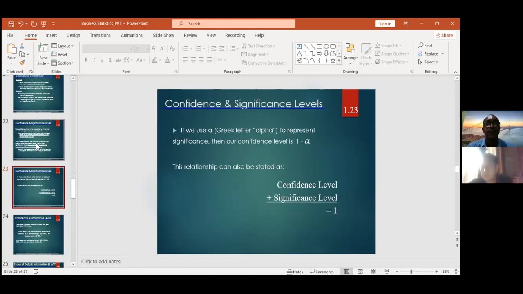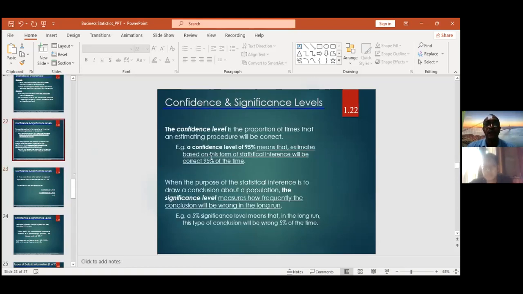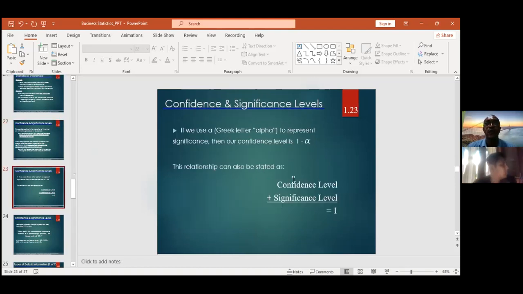Now, if you look at this, if you do some addition, 95% plus 5% equals 100%. So which means that if we know our significance level, we can easily find our confidence level. So significance level plus confidence level always equals 1 or 100%. That is the relationship between the two.